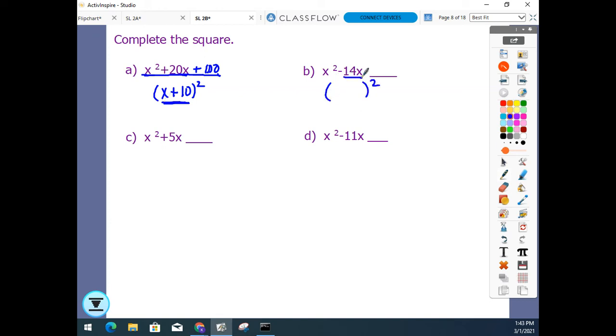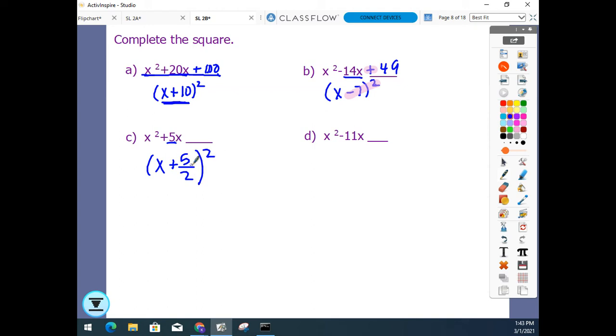Half of 14 is 7. 7 squared is 49. Because we're squaring this, it doesn't matter if this is plus or minus. This will always be a plus. This one's trickier. Half of a fraction or half of an odd number creates a fraction. Don't make a decimal.